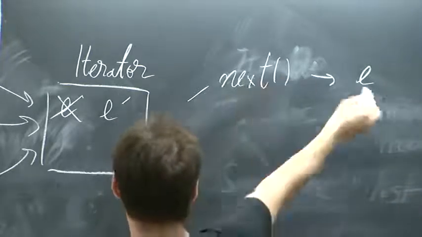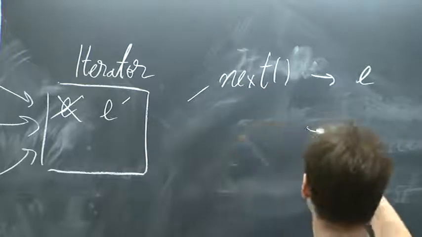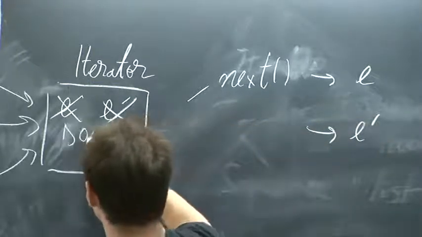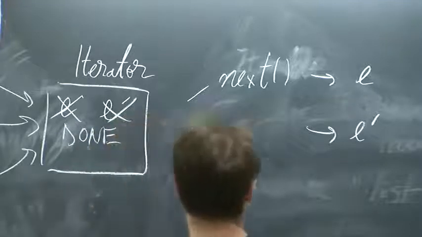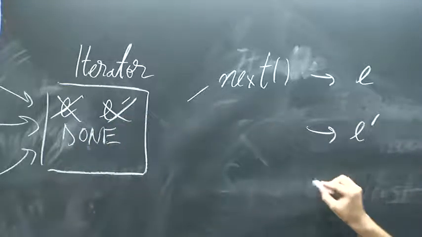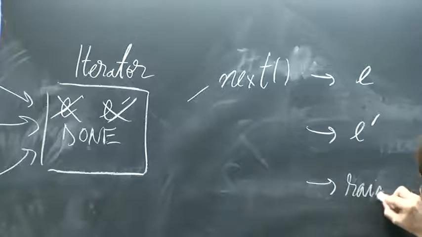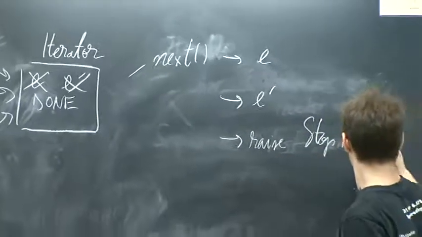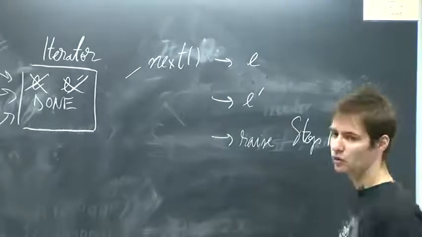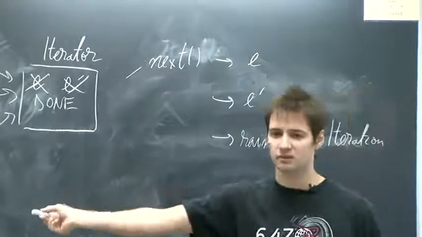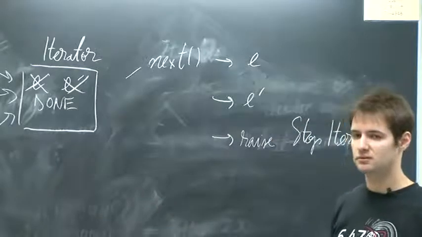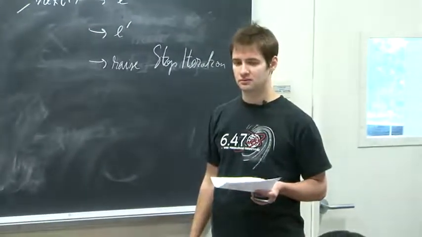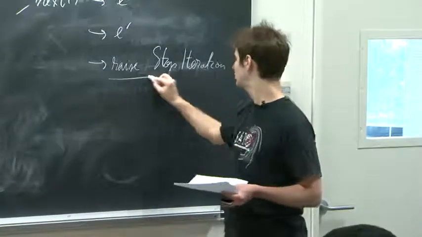So now we would return E prime, take it out, and put done in the box. In the future, if next is called again, raise StopIteration. No more freezing, unfreezing, because we're done. So if you called next, it would just give you nothing. It has to raise this exception.